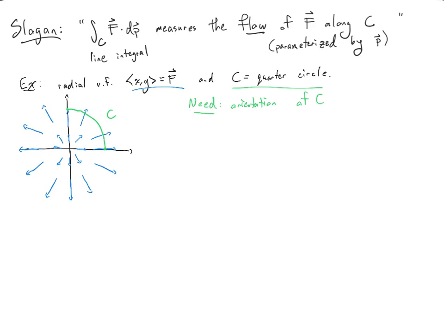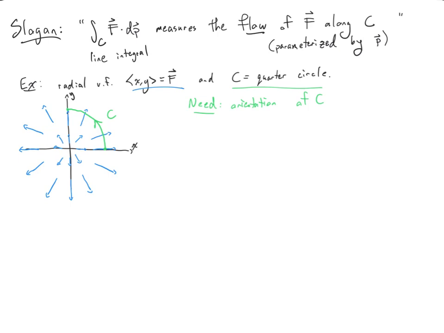So I need to tell you, am I going from the x-axis to the y-axis, or the y-axis to the x-axis? So I'm going to indicate that with just this little arrow to tell me I'm doing c in that direction. If you were given a parameterization of c, then whichever way p is flowing would tell you the orientation on c.